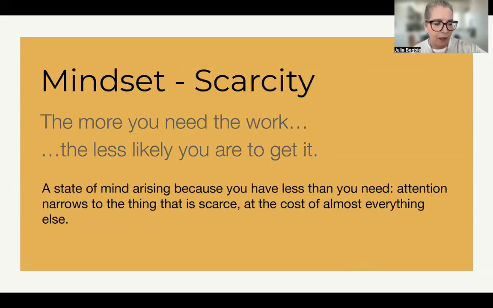Now, a lot of what I'm going to be talking about today is about mindset, because mindset is absolutely pivotal. If I could give a designer a magical gift, if I could tap them on the head with a magic wand to give them something that was most likely to make them successful, it would be a good mindset.